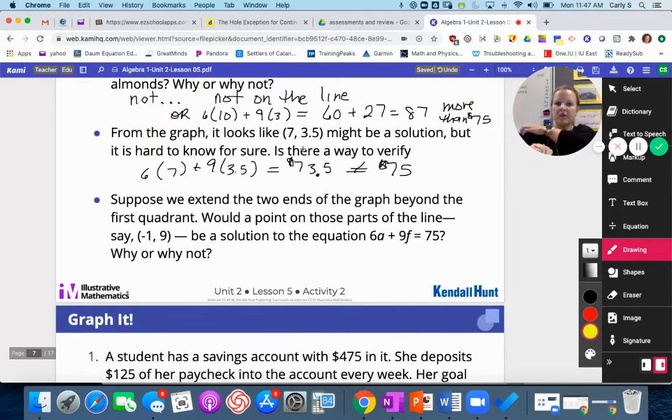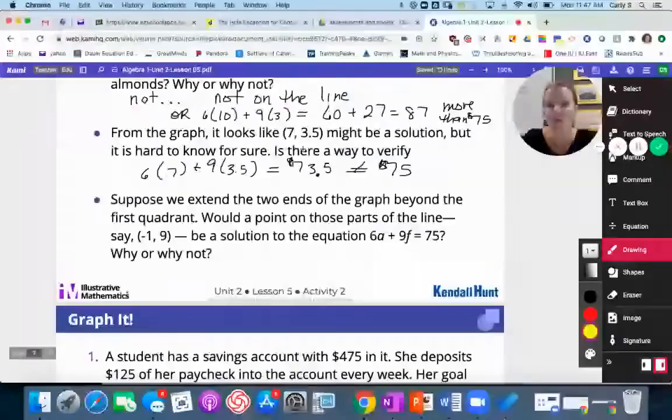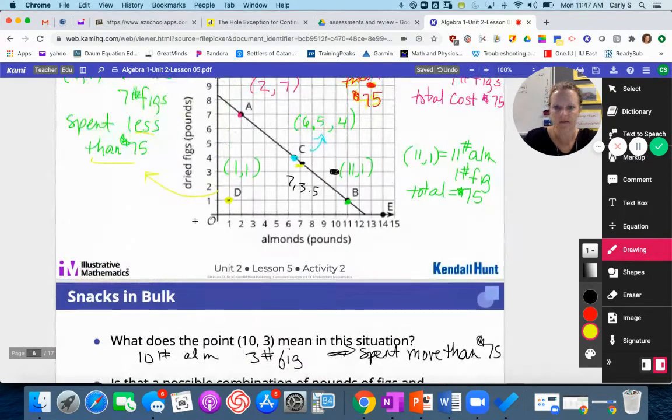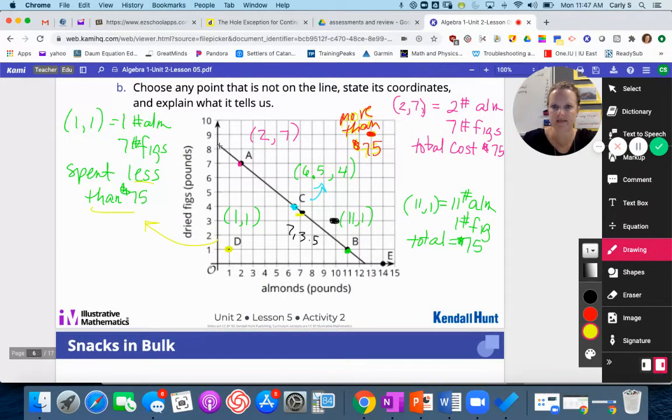Suppose we extend the two ends of the graph beyond the first quadrant. Oh, this is so important. Would a point on those parts of the line, say -1, 9, be a solution? Let's look. If we extend this, we now have our x-axis further this way, and we went -1, comma 9.